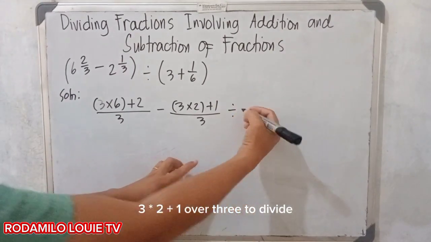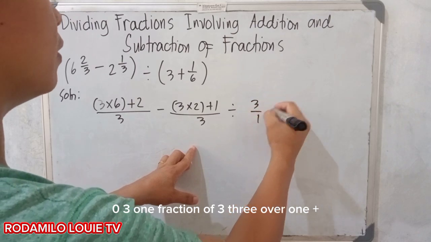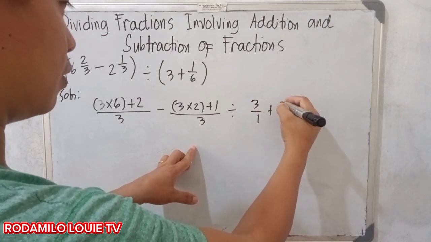Divide. Then the 3 becomes 3 over 1 plus 1/6.